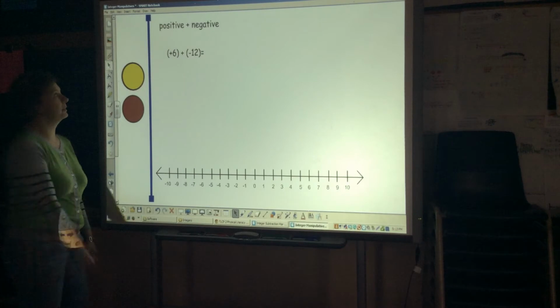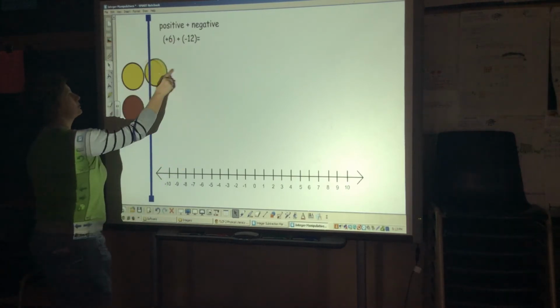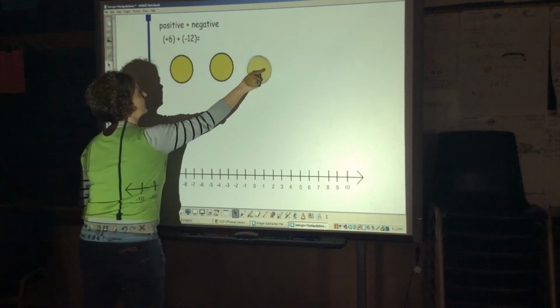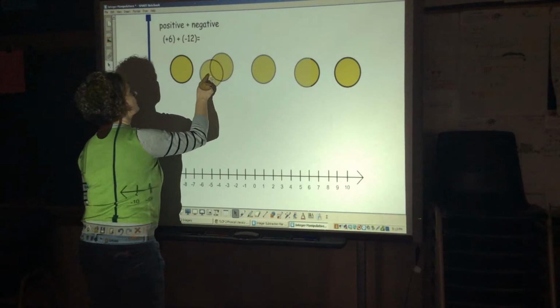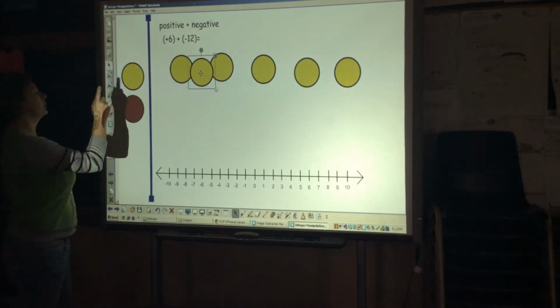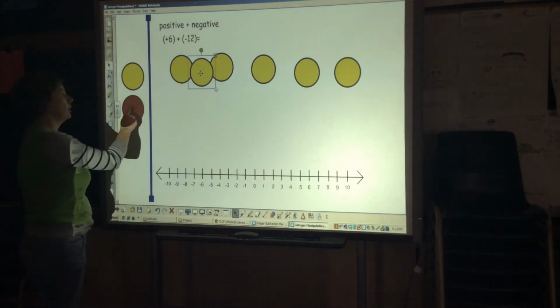Okay, positive plus a negative. So I have 6 positive. So I'm going to put 6 yellow counters. Now I want to put 12 red counters because I'm adding negative 12.